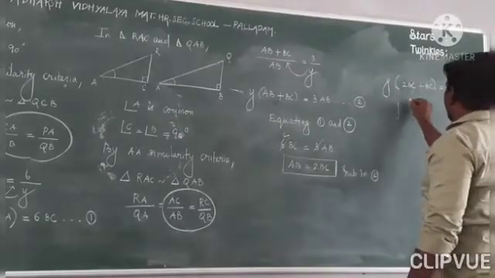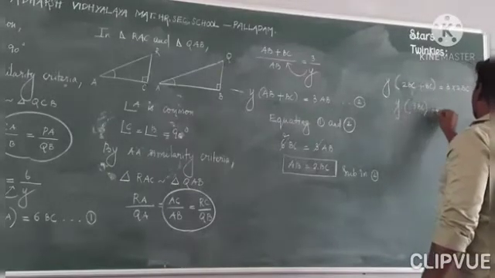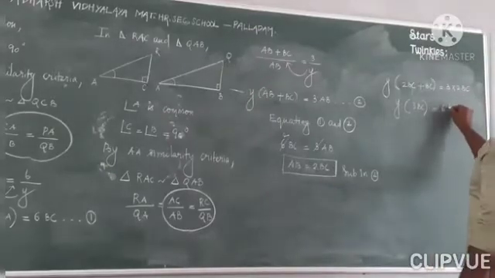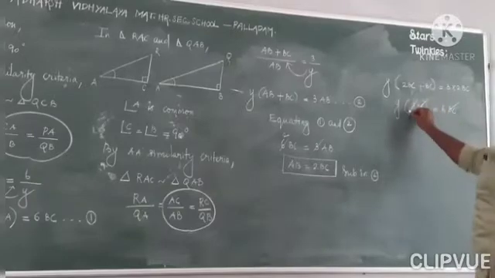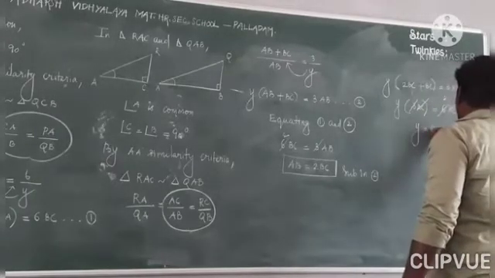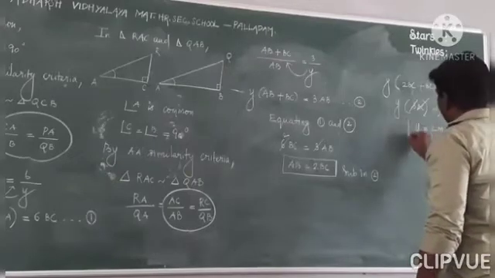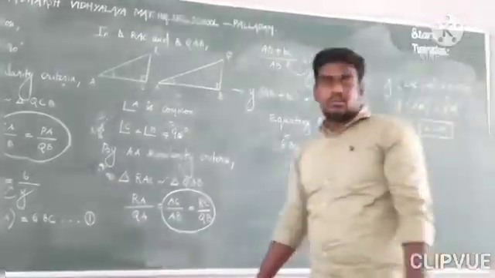So Y into 3 times BC is equal to 3 into 2 times BC. This BC will be cancelled, so the value of Y is equal to 2 meters.